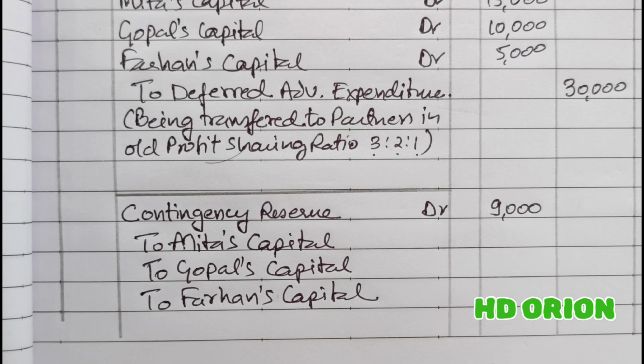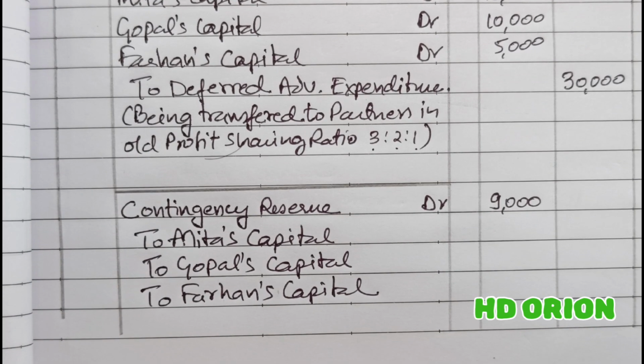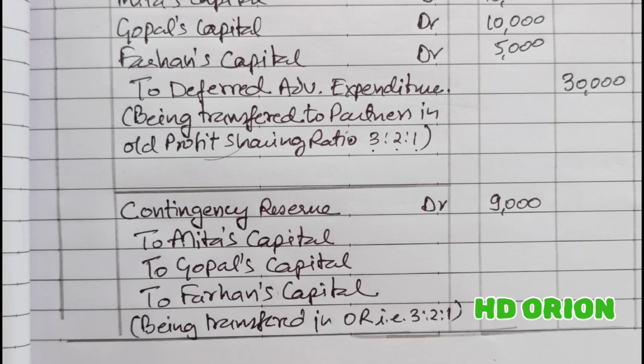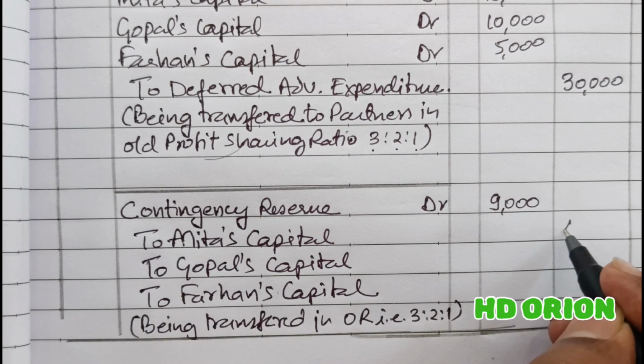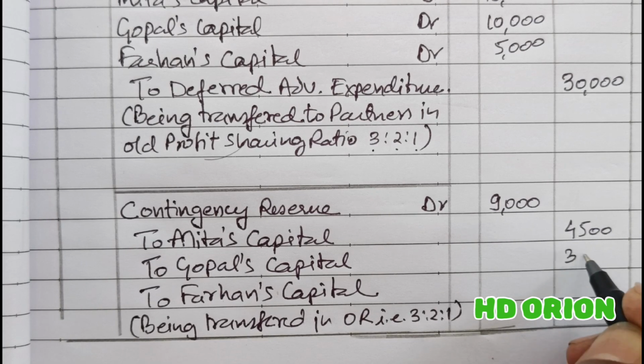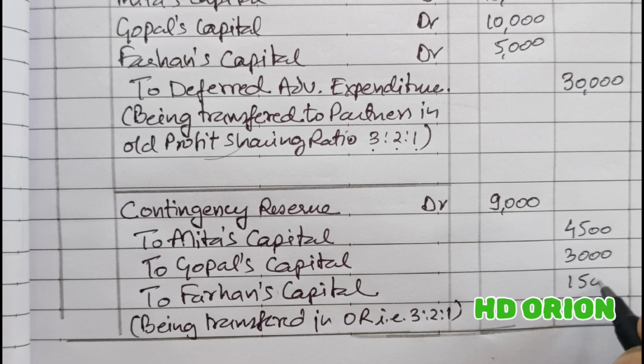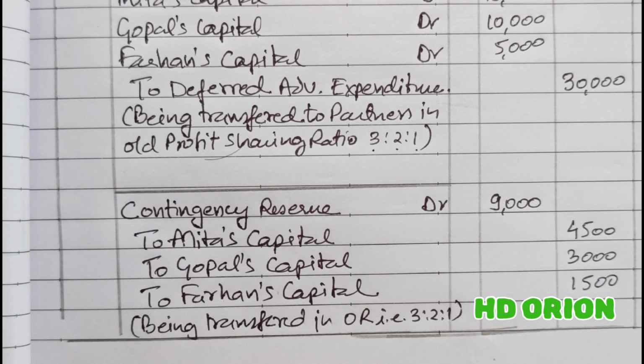And now it will be broken or transferred in old profit sharing ratio, which is 3:2:1. 4,500, 3,000 and 1,500. So this way contingency reserve is also closed, and now it will not be shown in the new balance sheet.